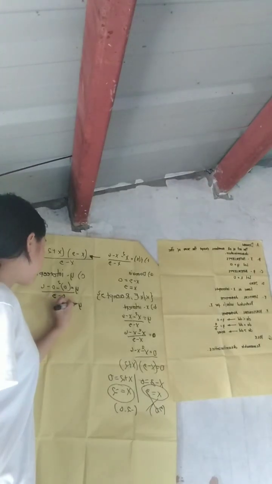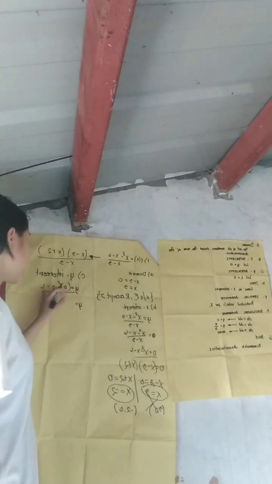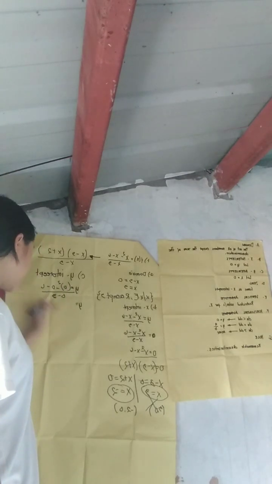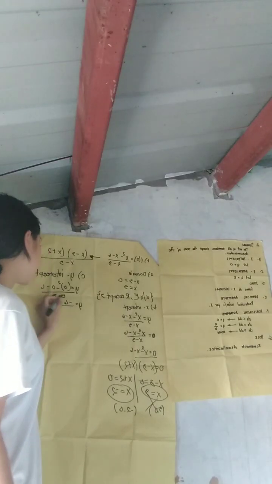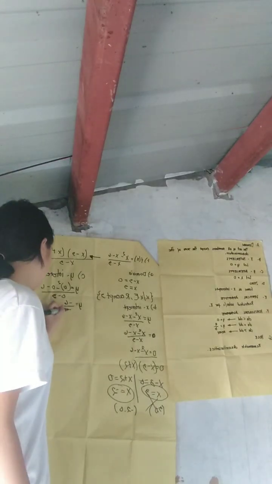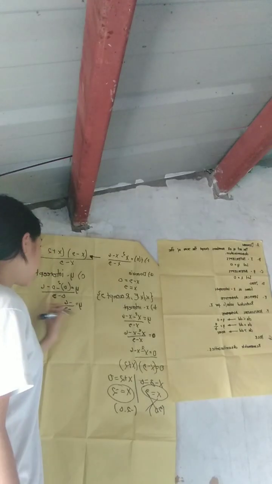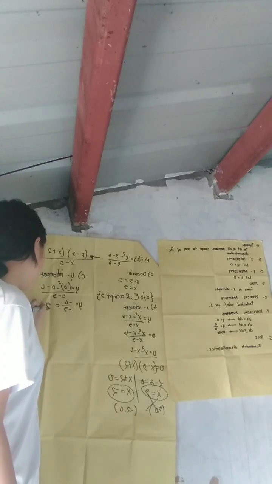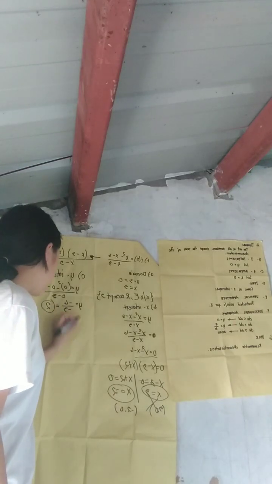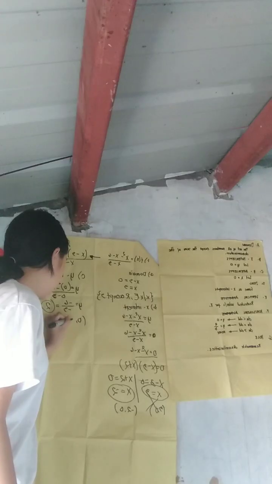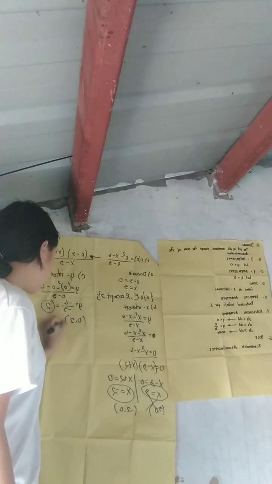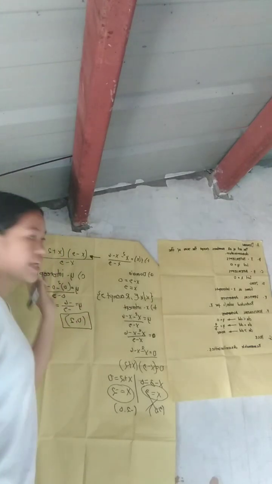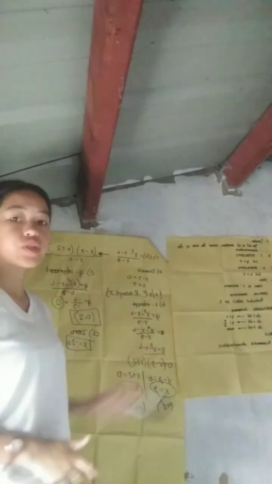So negative 6 over negative 3 is equal to 2. So 0 and 2 is our y-intercept.